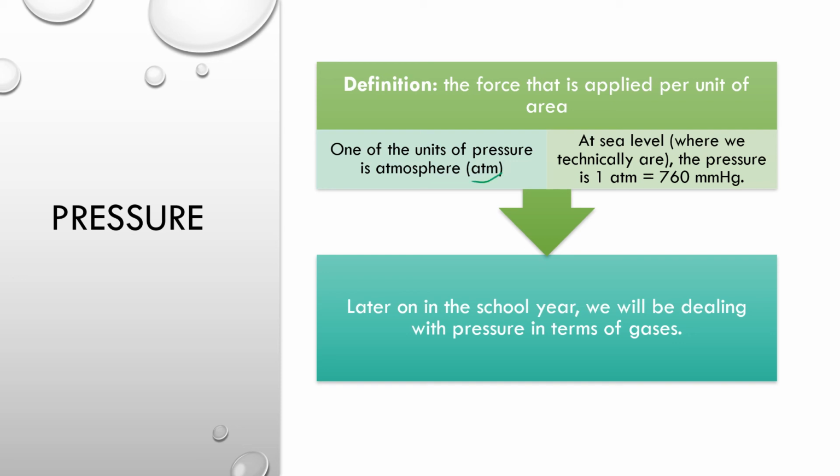At sea level, which we technically are at, the pressure is 1 atmosphere or 760 millimeters of mercury, which is also another type of unit for pressure, and this is the pressure that they use in blood pressure. So if your blood pressure is 120 over 80, it is like 120 millimeters of mercury over 80 millimeters of mercury, for example.